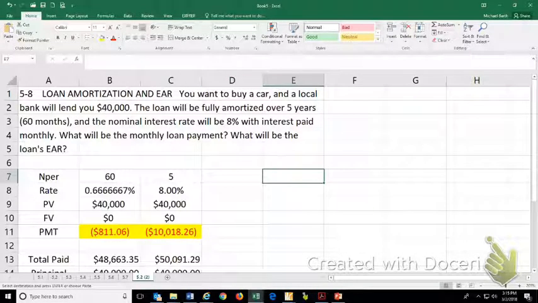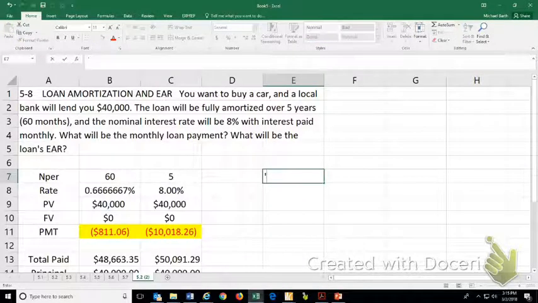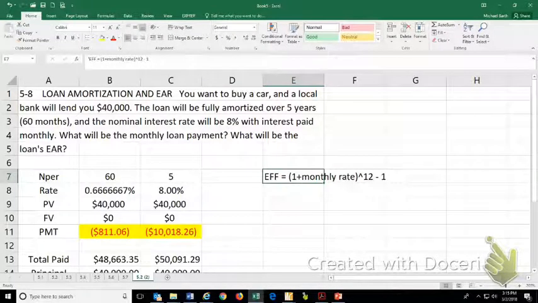There's an Excel function, or you can use a formula. The effective rate is equal to 1 plus the monthly rate, raised to the number of months, minus 1. And the monthly rate would be simply the annual rate divided by 12.